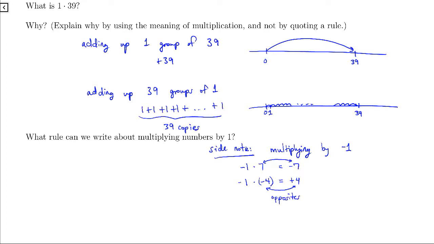So another special number is -1: multiplying by -1 is the same as taking the opposite of a number.